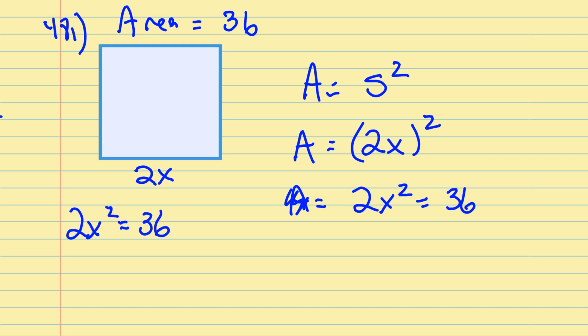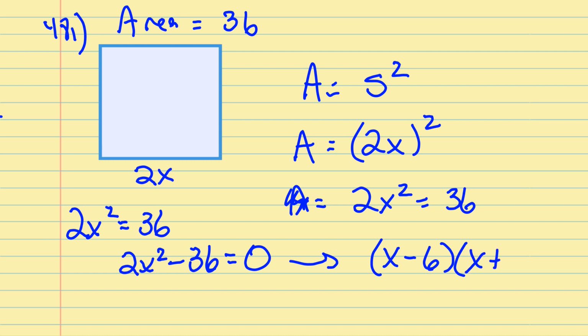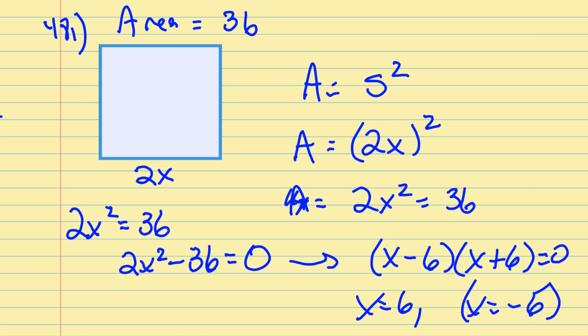I'm going to move the 36 over, so I get 2x squared minus 36 equals 0. Now I have two perfect squares, so I just say x minus 6, x plus 6 equals 0. So x is equal to 6, x equals negative 6. Cannot have a negative length, so I cross that one off. So my final answer is 6. And that's it for that one.